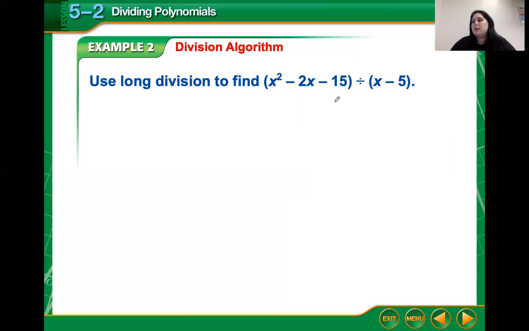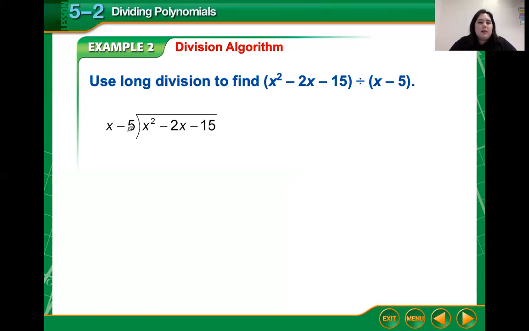Taking a look here using long division, we're going to use those same steps of multiply, subtract, bring down, repeat. So we have x squared minus 2x minus 15 divided by x minus 5.